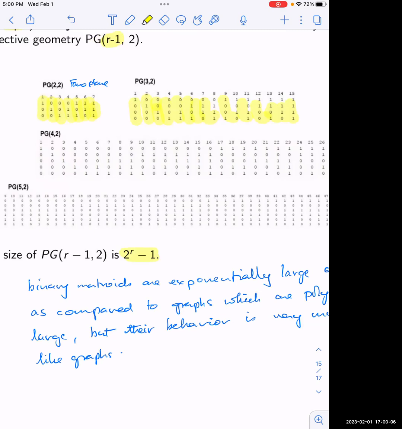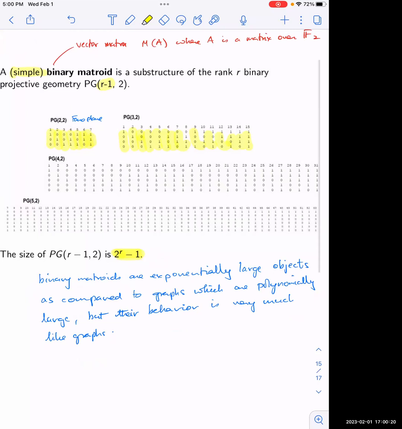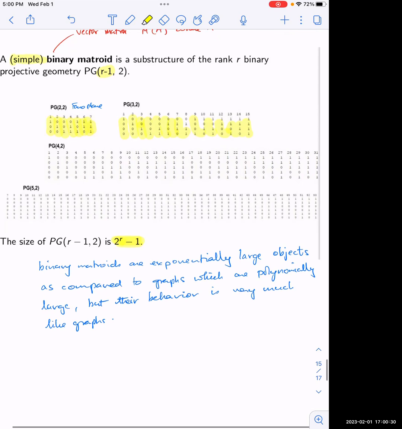This is PG(4,2) and PG(5,2). And the size of this geometry is 2 to the R minus 1. Binary matroids are exponentially large objects as compared to graphs, which are polynomially large. But the amazing thing is that their behavior is very much like graphs.